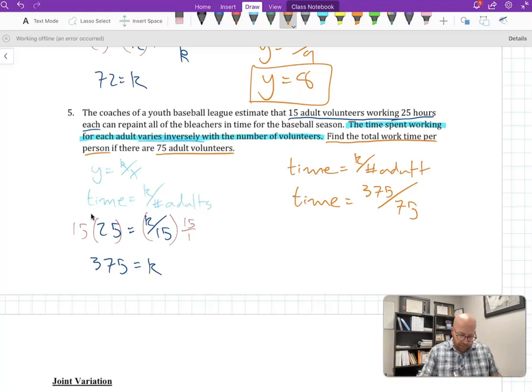If we take 375 and divide it by 75, we get that t, or time, is equal to 5. So the answer is 5 hours per person.